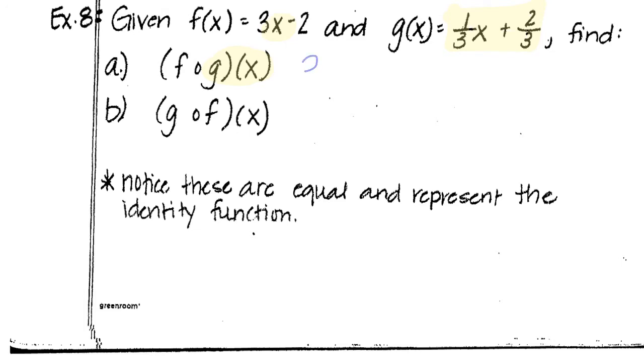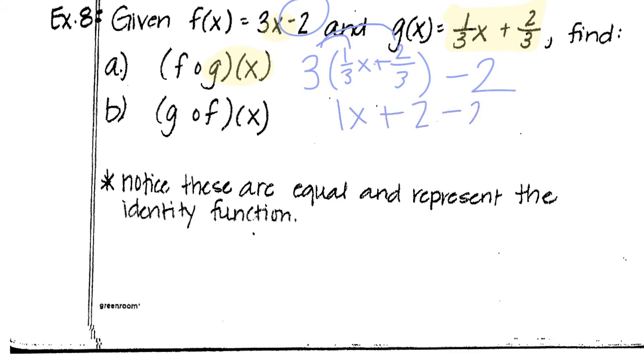F is 3, and I'm putting in 1/3 x plus 2/3, and then don't forget that minus 2. All right, so we have to distribute. 3 times 1/3 is 1x. 3 times 2 over 3 is 2 minus 2. So what happens with my 2 and my negative 2? Yes, they cancel out. And notice my answer is just x.